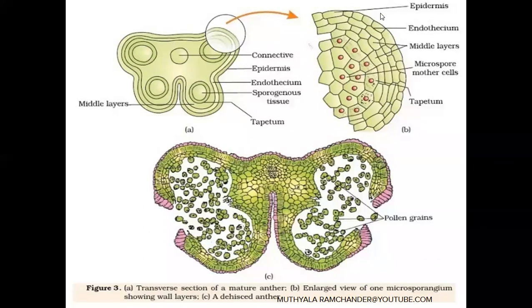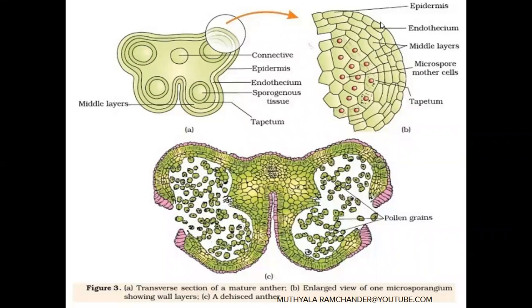Below the epidermis, the endothecium is present. Generally, endothecium cells are large in size. They contain a large nucleus. They are rectangular, pentagonal or hexagonal in structure.